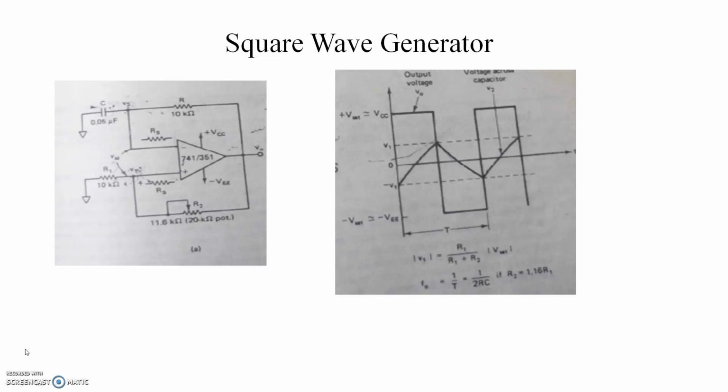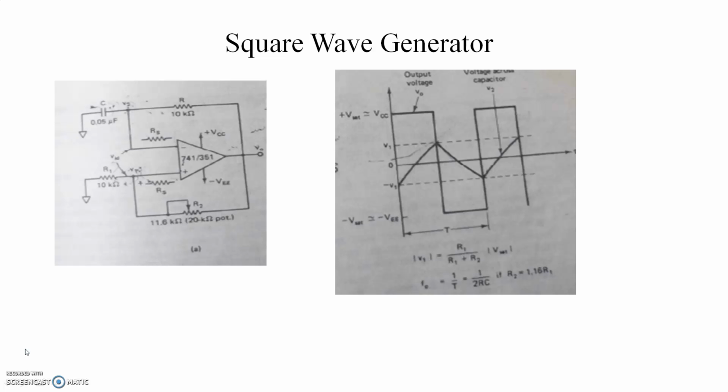In this particular circuit, the output of the op-amp can be in positive or negative saturation depending on the polarity of the differential voltage VID. VID is V1 minus V2. Depending on the polarity of VID, the output of the op-amp can be positive saturation or negative saturation, and we will get a square wave output.